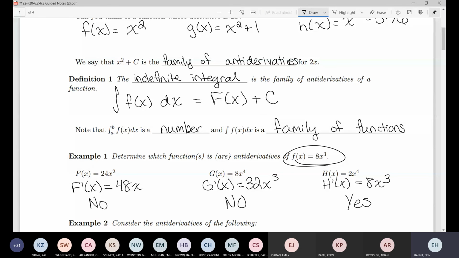Is 8x cubed 8x cubed? Yeah. So here a correct antiderivative would be 2x to the 4th. You could also have 2x to the 4th plus absolutely any number you can think of. But in this case, out of those 3 choices, that third one was the only option to be an antiderivative.